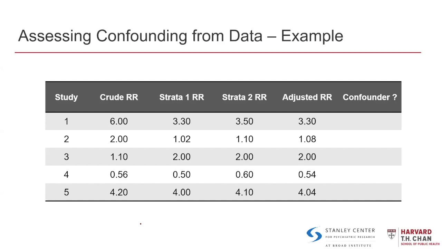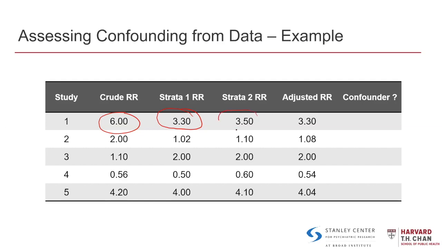Lastly, let's look at those simple examples, trying to illustrate the point. We're not necessarily going to go over calculating each and individual point, but if you were provided with the data, for example, in the first study, you have a crude estimate of 6.0 and a stratum specific estimate risk ratio of 3.30.